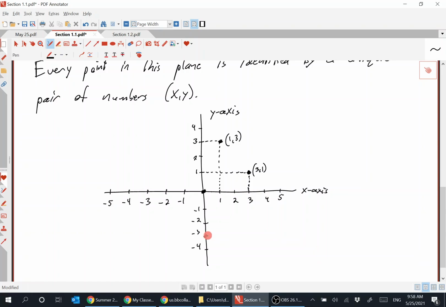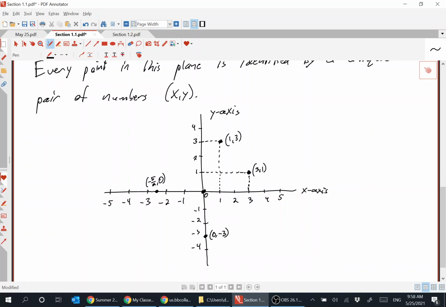This point right here, the x coordinate is 0, and the y coordinate is negative 3. This point right here, the x coordinate is minus 2.5, or minus 5 halves, y coordinate 0.